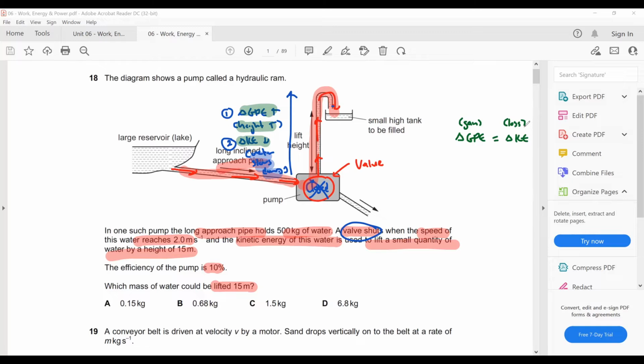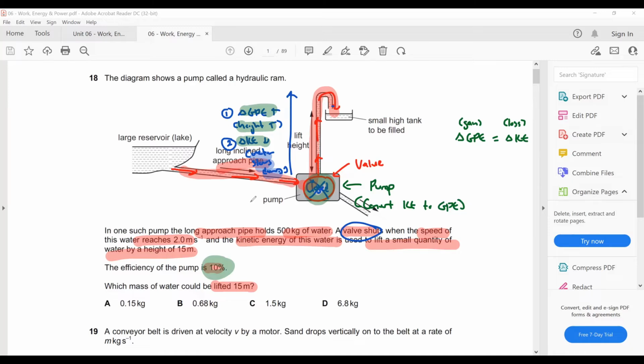Right, so right now what they're telling you here is that your pump is actually only 10% efficient. This is your pump here. It's actually converting your KE to GPE.